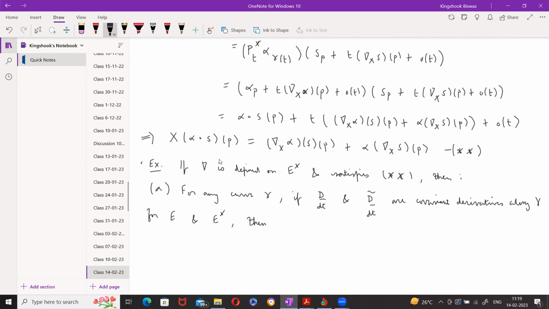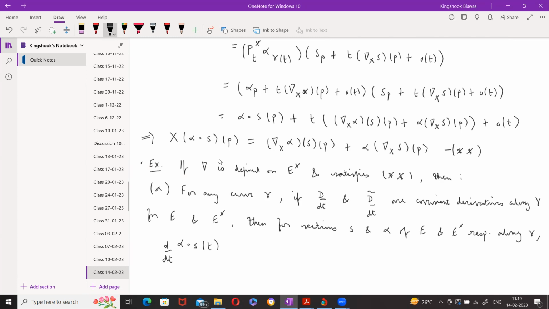Then for sections S and alpha of E and E star respectively, along gamma, if I look at alpha composed with S, so that's a scalar function of t, then d dt of this satisfies the Leibniz rule.